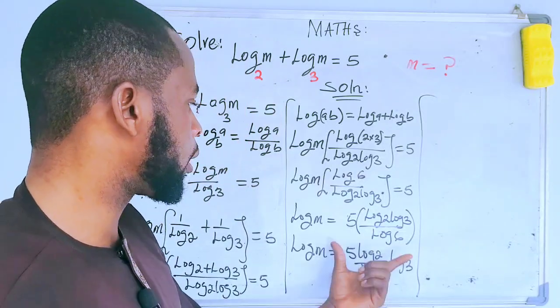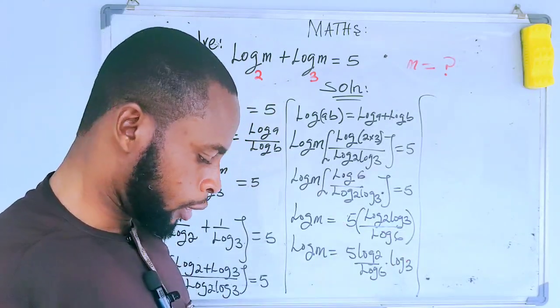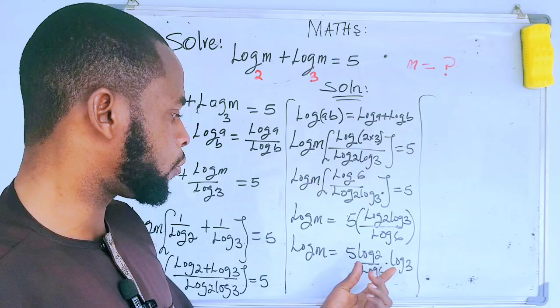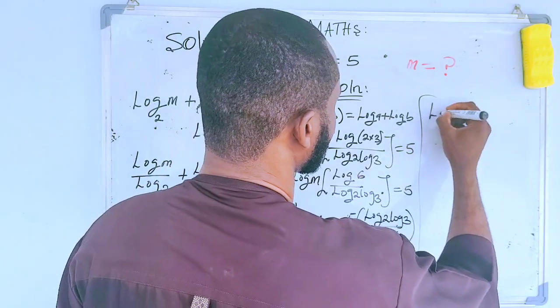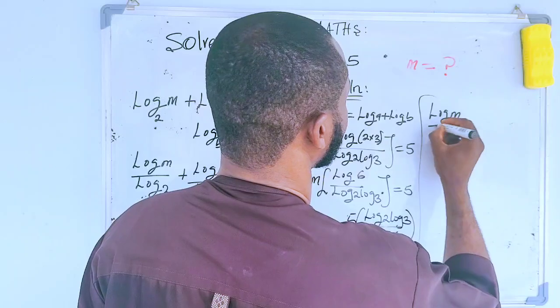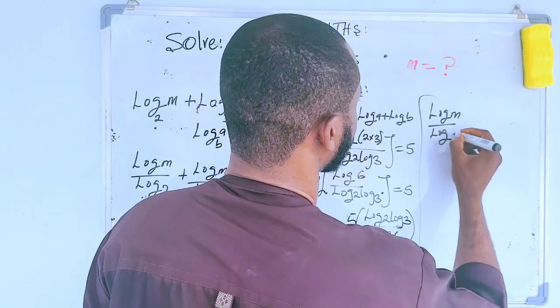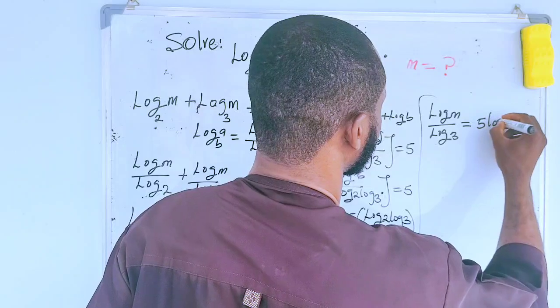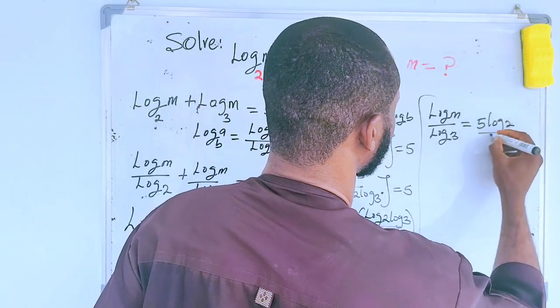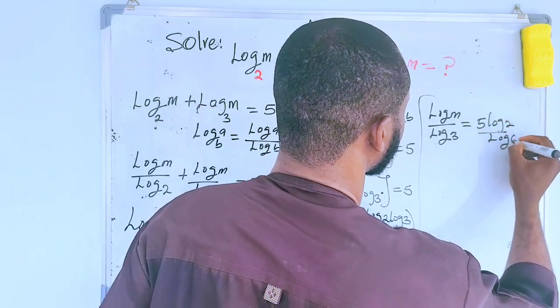This is the same thing as this. Now we are going to divide both sides of the equation by log 3. Now we have log m divided by log 3 equals 5 log 2 divided by log 6.